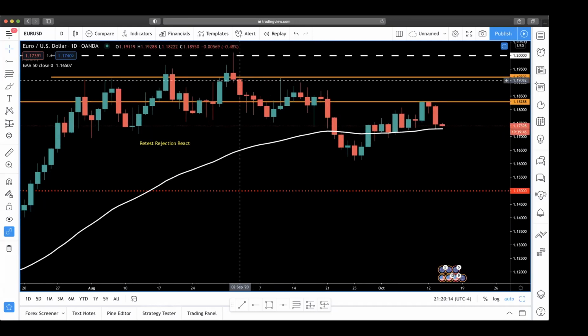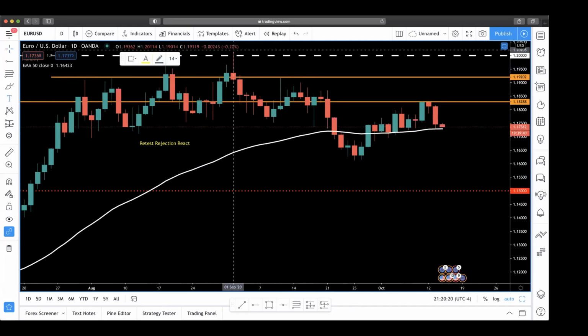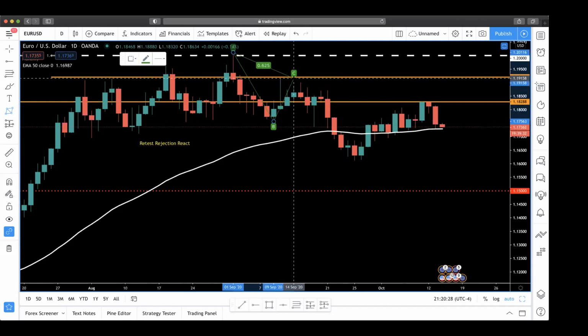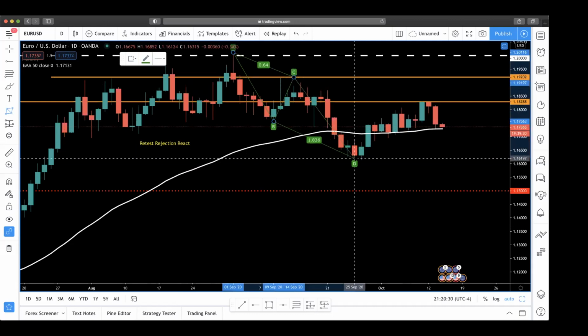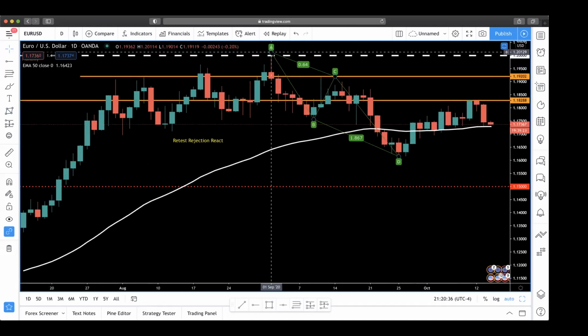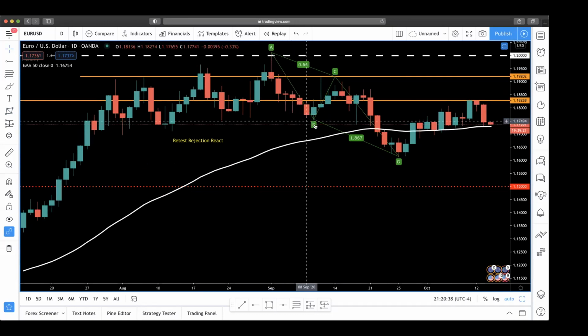So going back to the ABCD, let me point this out for you guys. A's at the swing high, B's at the swing low.